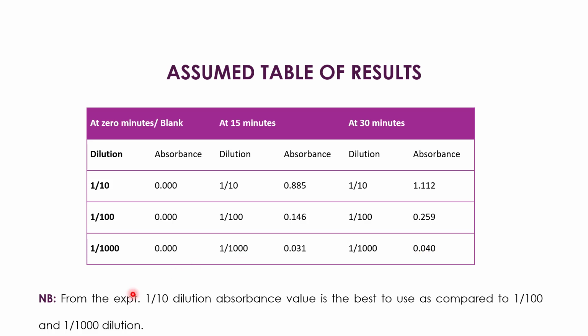What we also have to note from this experiment is that the 1 in 10 dilution absorbance value is the best to use compared to the 1 in 100 and 1 in 1000 dilution. This is because the absorbance value for the 1 in 10 dilution falls within the absorbance range on the y-axis of our calibration curve.